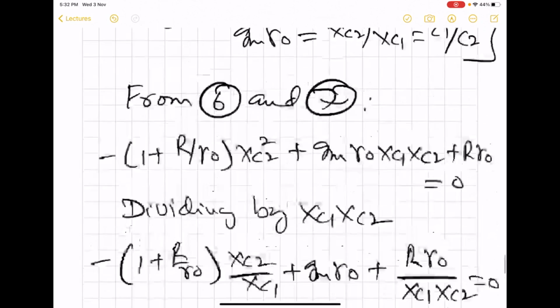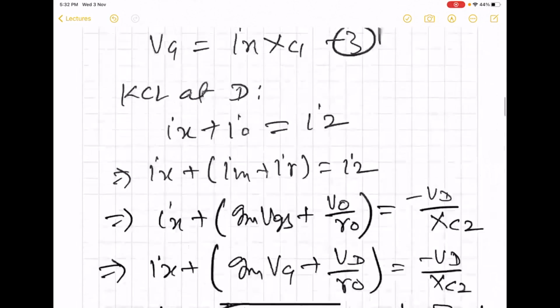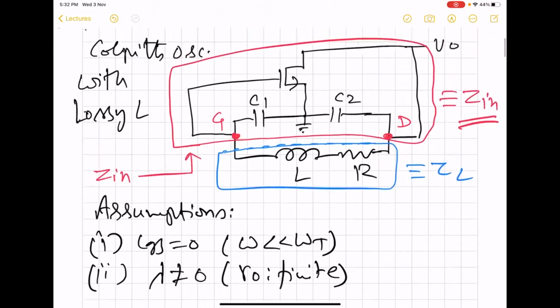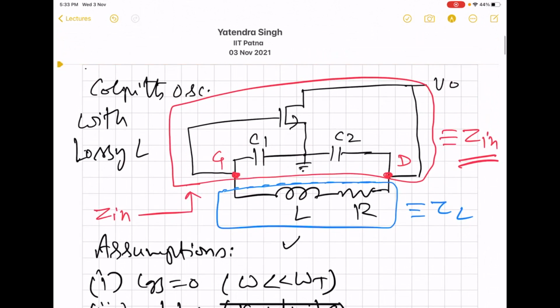Now if we look at the circuit, then this ZL has an inductor and positive R. So it has positive reactance and positive R. That means the Zin must contain minus R and minus reactance. That means it should be of capacitive nature.